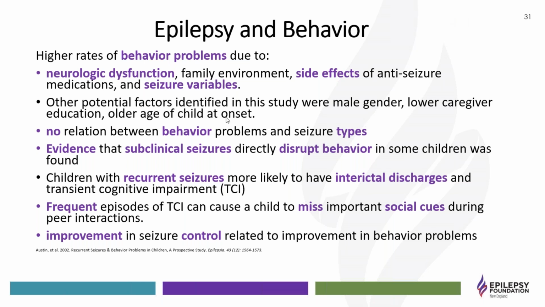So we are seeing higher rates of behavior problems in children diagnosed with epilepsy, but interestingly enough, it doesn't matter whether they have focal seizures or absence seizures or tonic-clonic seizures. It's not the type of seizure that matters. It's the fact that they have seizures in the first place, that they are not well controlled.